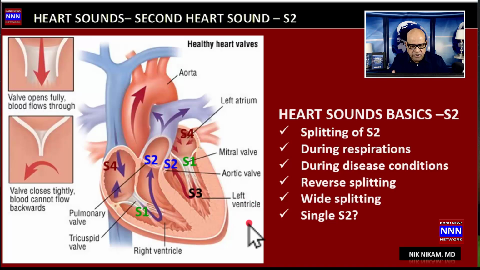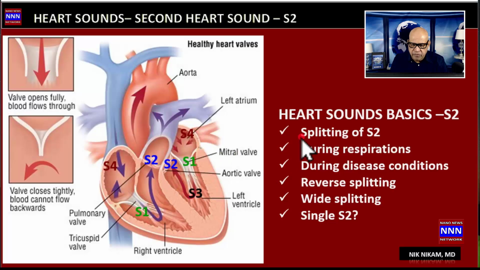But it's a good way to understand the pathophysiology and also the effects of hemodynamics on the variations of the second heart sound. As you know, the second heart sound is produced by the closure of the pulmonic valve and the aortic valve during the slow ventricular ejection phase, which we covered in the cardiac cycle video, which you can watch.